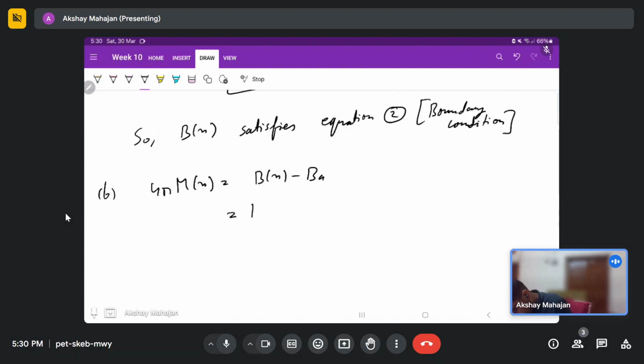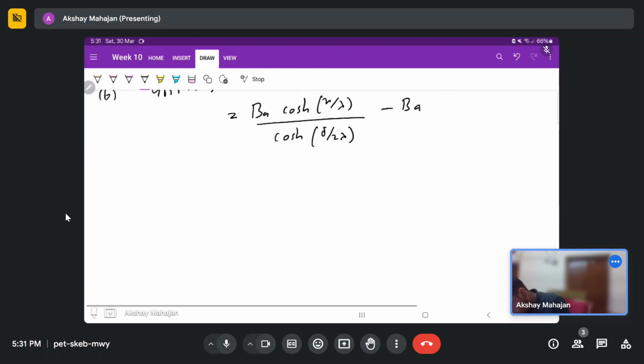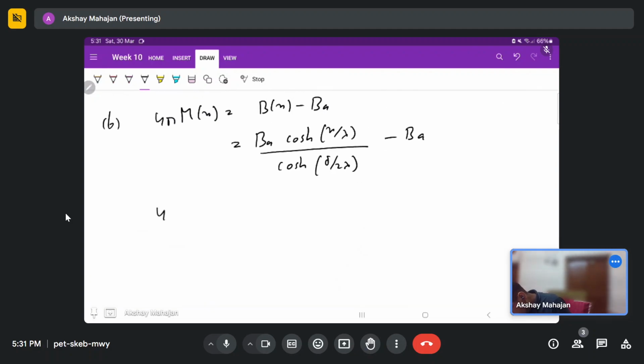So I can write Ba cosh(x/λ) divided by cosh(δ/2λ) minus Ba. So we get 4π times M(x) equals Ba times [cosh(x/λ) divided by cosh(δ/2λ) minus 1].